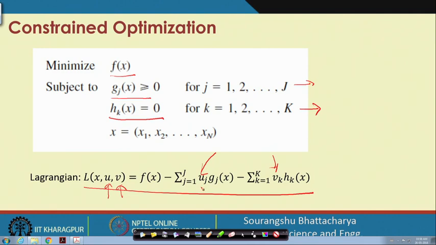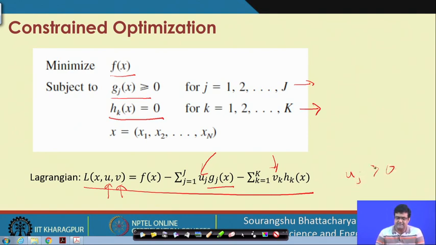For example, in this case, if g j of x is not greater than 0, that is less than 0, and u j is greater than 0, then the total Lagrangian function will actually increase by u j times g j of x. This could be reduced further by satisfying the constraint that g j of x is greater than 0.